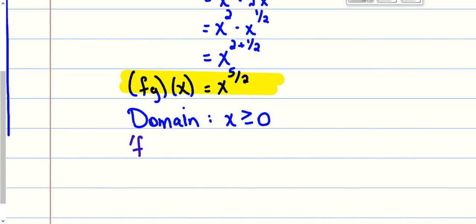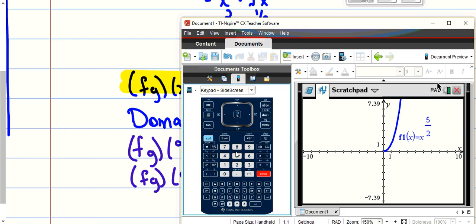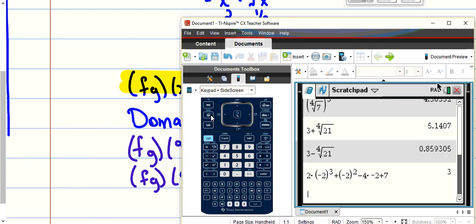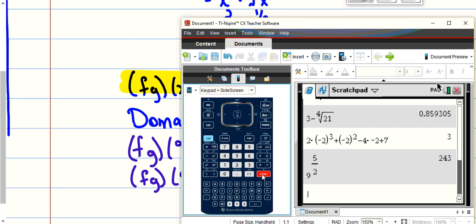We have f times g of 9, and that's going to be equal to 9 to the 5 over 2. So whenever you put that in your calculator, we get f times g of 9 is going to equal, so let's put that in the calculator, on the calculation screen, 9 raised to the 5 over 2, and we get 243.